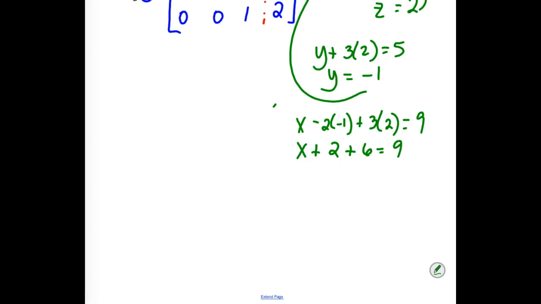Subtracting 8, we get 1. So my solution to the system, x is 1, y is -1, and z was 2. Okay? Again, that's called back substitution.